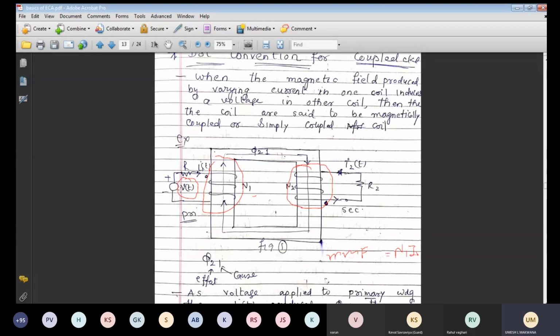When we apply the voltage here, because of the current I1 and the number of turns N1, N1 into I1 is the MMF, right?